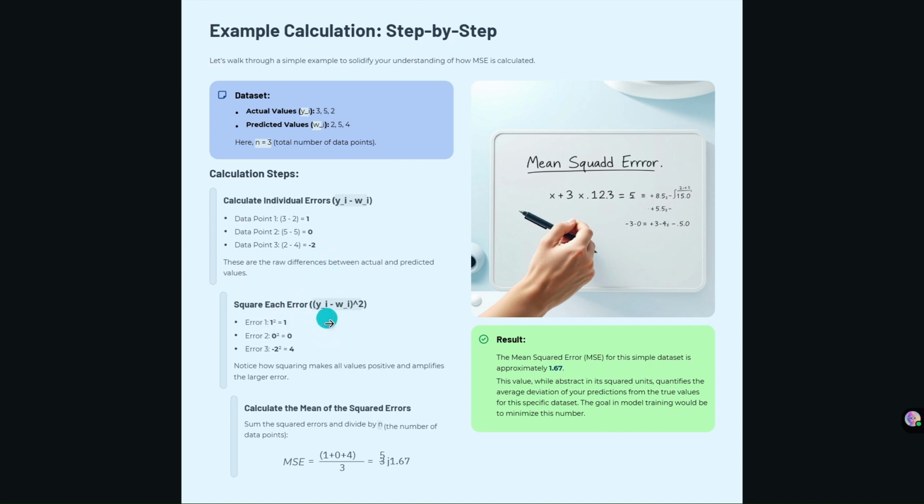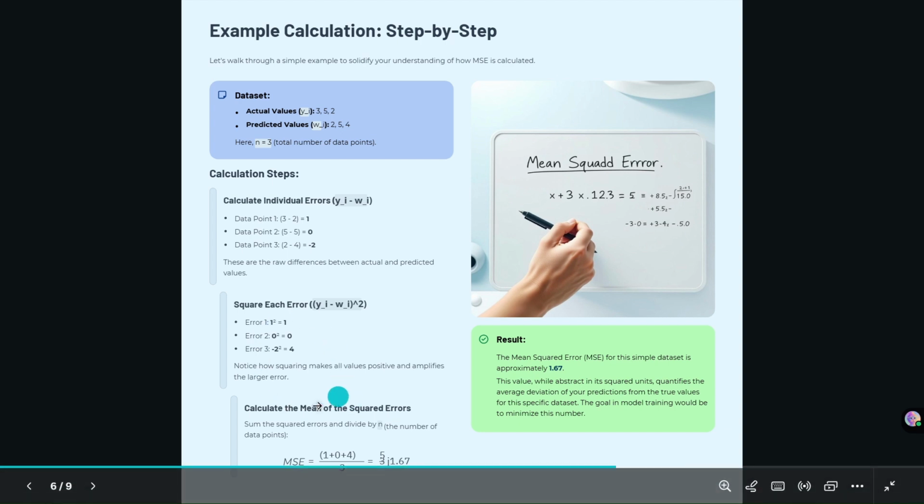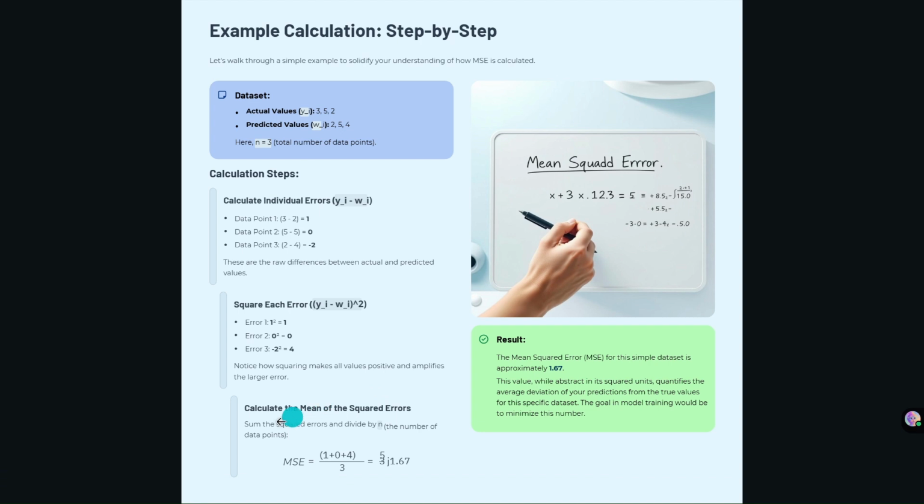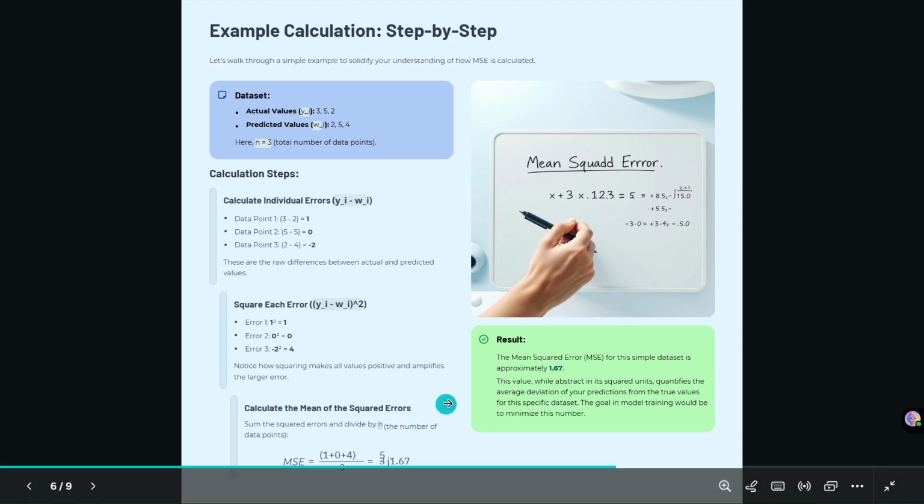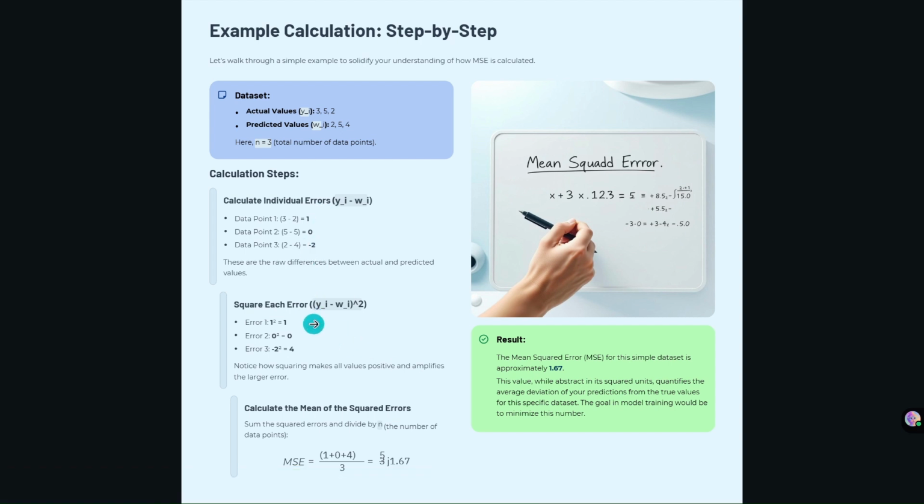Now we'll square each error. We got 1, 0, minus 2, so we square all these values. 1 squared is 1, 0 squared is 0, and minus 2 squared is 4. Squaring these values makes them positive and amplifies the larger error. Now we'll calculate the mean squared error: the sum of the squared errors divided by n, the number of data points.